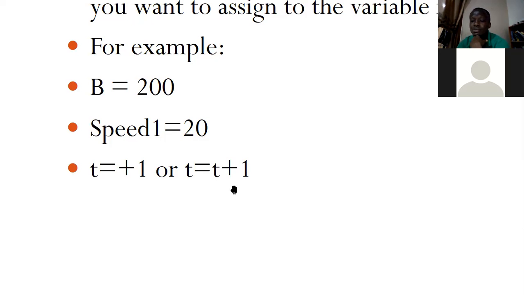They will tell you that you are wrong, isn't it? It's just like saying 1 is equal to 1 plus 1. It's not possible. But that is why this is not an equal sign per se. This is actually an assignment operator, which is saying that take t, whatever value is in it at that time, add 1 to it and give it to t. Is that okay?